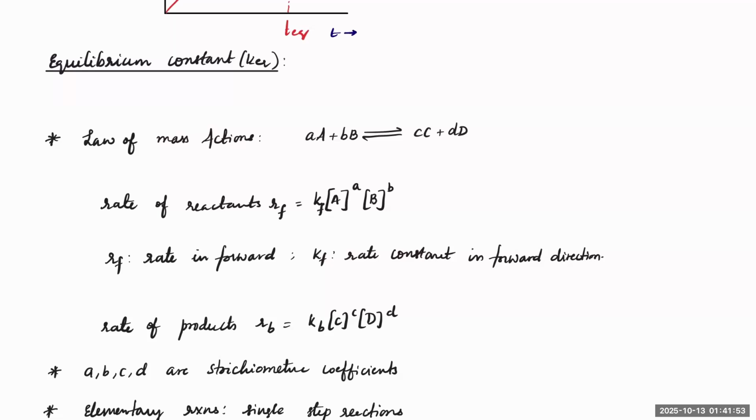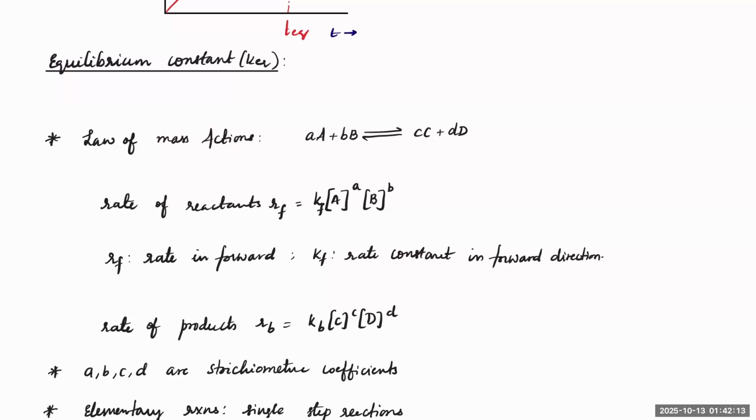Then, according to the law of mass action, what has been noticed? It is empirically observed. That means with respect to different experiments, once they reach equilibrium, we empirically take certain values, and based on those values, we try to figure out whether there is any formula existing or not.